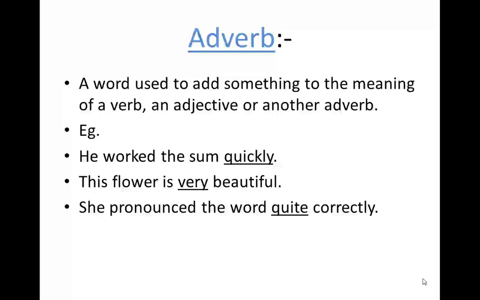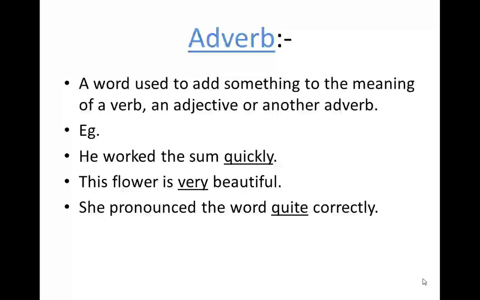Fine. In the next sentence, this flower is very beautiful. Beautiful is an adjective. So over here very is adding a meaning to an adjective. That is, this flower is very beautiful.